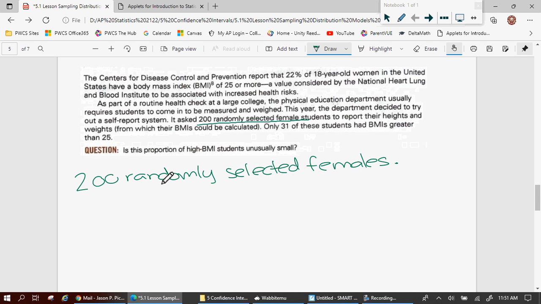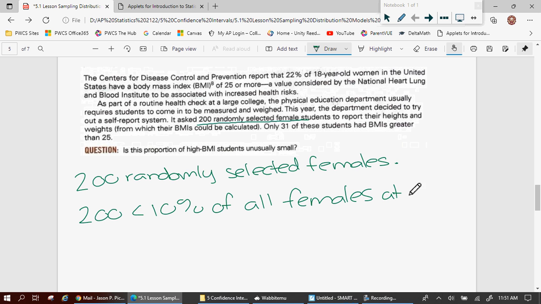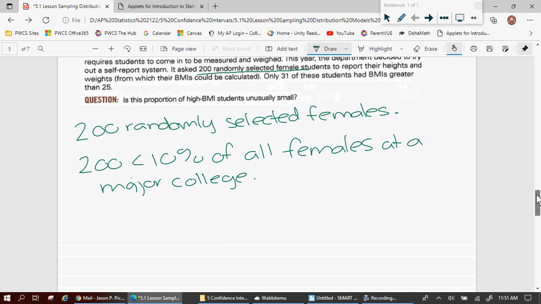At a large college, we can assume that 200 is less than 10% of all female students at this major university. And then we need to calculate np and nq, the number of successes and failures.